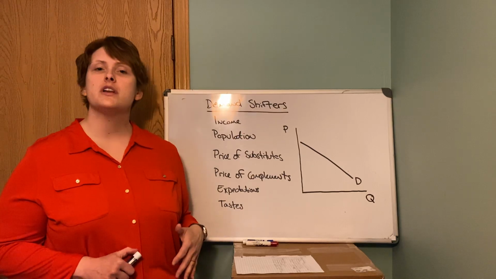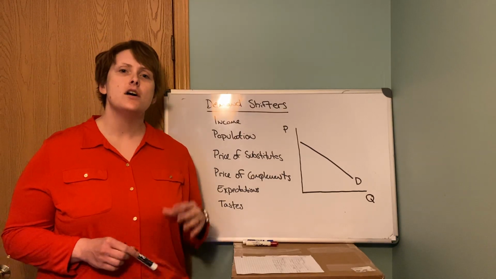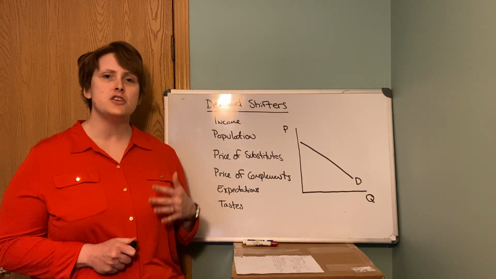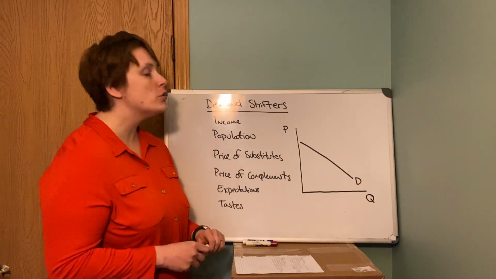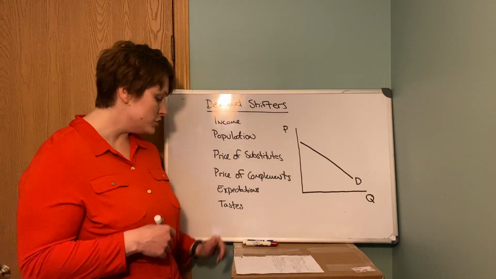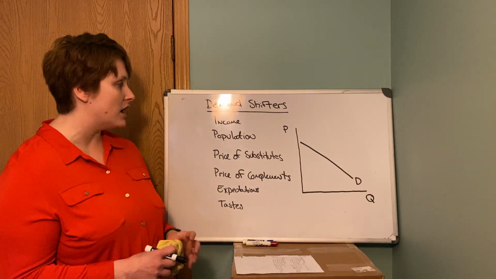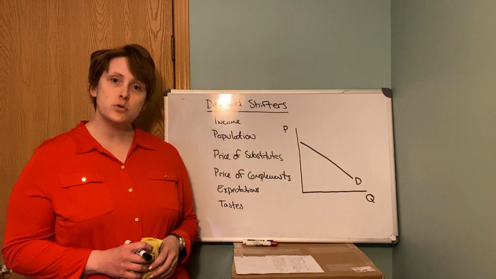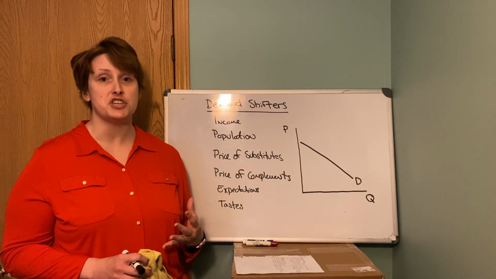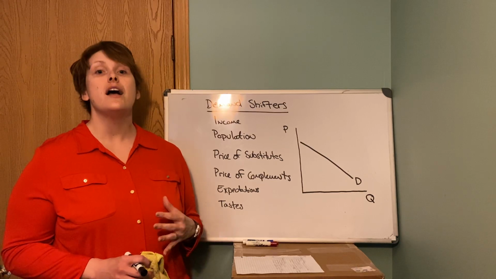So one thing I want to introduce as well is there's a distinction between normal goods and inferior goods. A normal good, and we'll see this when we look at our income, most goods are normal goods. We increase our consumption as we get wealthier.